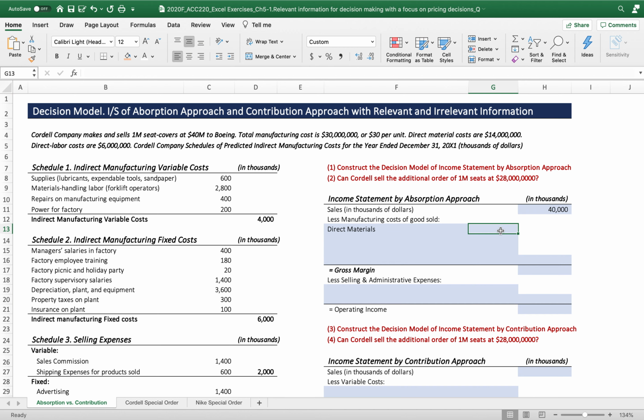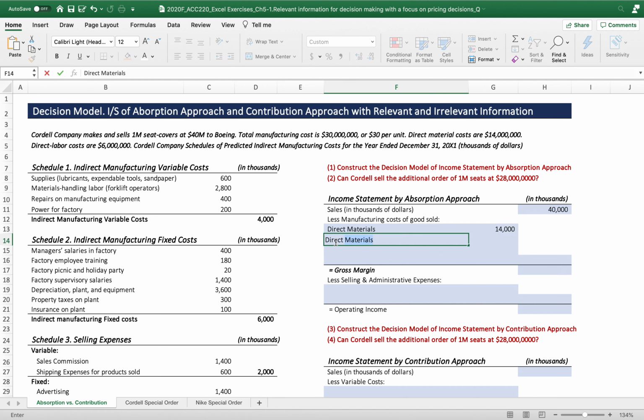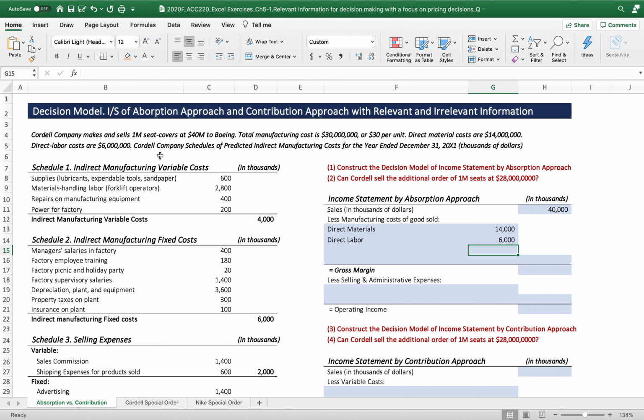Oh, sorry, the direct material is 14,000. And direct labor cost is 6,000, which is 6 million.